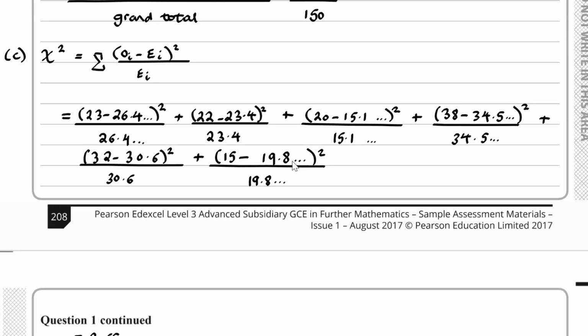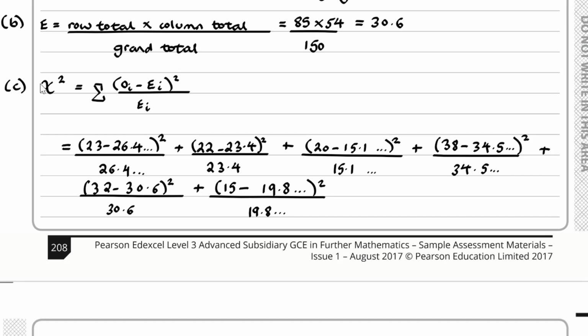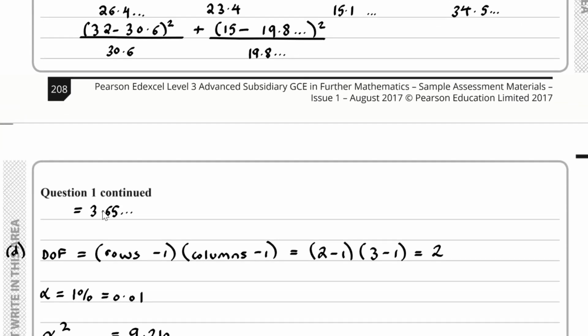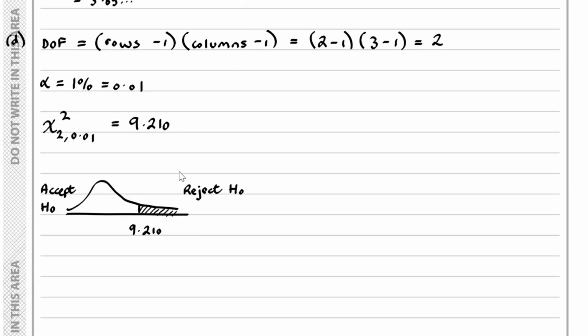We've just found our value to be 3.65, which goes here somewhere. So we're in the region where we accept H0, and therefore we can conclude that the null hypothesis is not rejected.